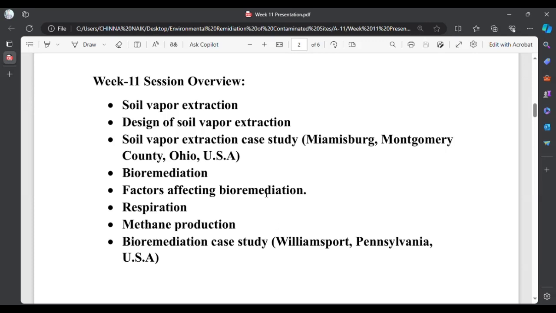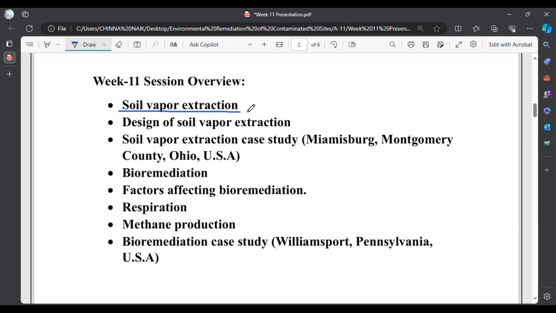The first topic we discussed, a new method we introduced for remediating any contaminated site, is soil vapor extraction. What is the difference between the other techniques and the soil vapor technique? Here we are considering this a cheaper and better technique compared to many others.